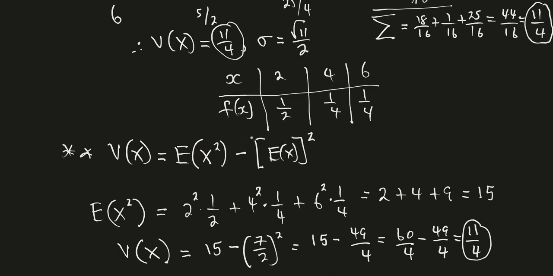So it's an alternative approach. I don't necessarily think one is better than the other. It's a variation. But in some sense, it almost seems like this is a little faster. We don't have to go through and do the deviations and square the deviations and then do the weighting. Either way, we have to compute the mean, so that's neither here nor there.